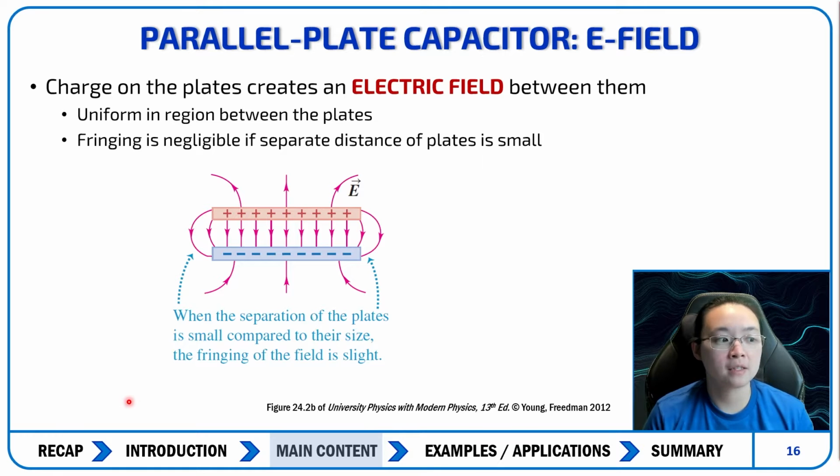Why is that? It's because the closer and closer you bring these two parallel plates together, the more it'll look like an infinite plane to a point that is in between those two plates. That is why the fringing field is going to be reduced as the separation distance is decreased.